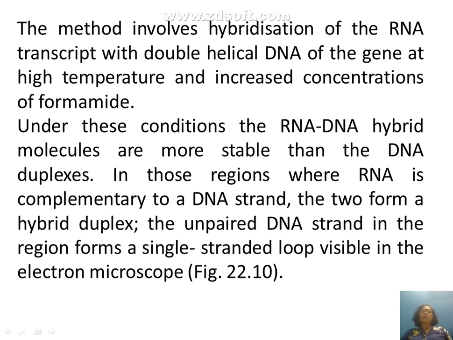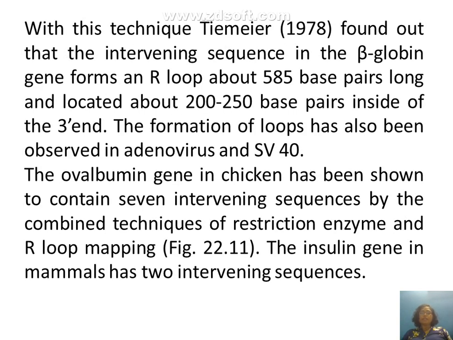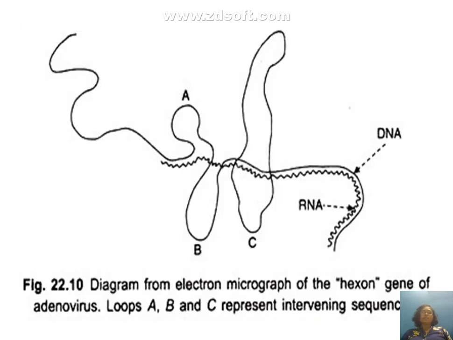In those regions where RNA is complementary to the DNA strand, the two form a hybrid duplex, and wherever there is no complementarity, the unpaired DNA strand forms a single stranded loop, which is visible in the electron microscope. This is explained better in the diagram. This is your mature messenger RNA, and this is your RNA-DNA hybrid.